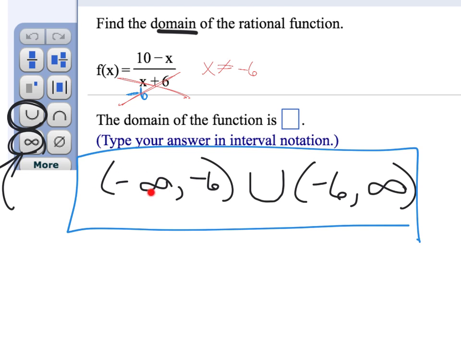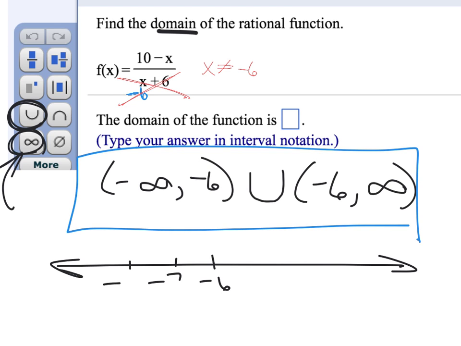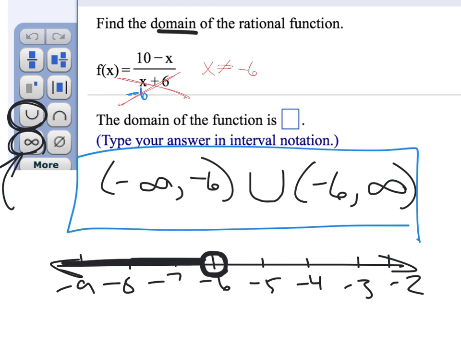It could be everything on the negative side, and everything on the positive side, except you're never allowed to be -6. Another way we could write this is on a number line: -9, -8, -7, -6, then going up -5, -4, -3, -2, etc. We could put a circle around -6, and then a big thick arrow going each way, because x is allowed to be anything down there and anything up here.